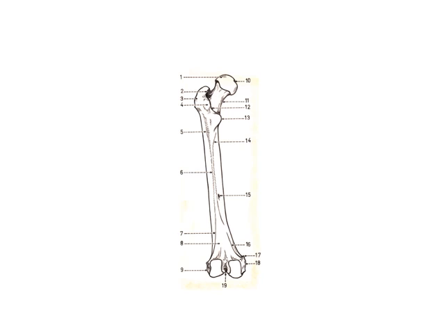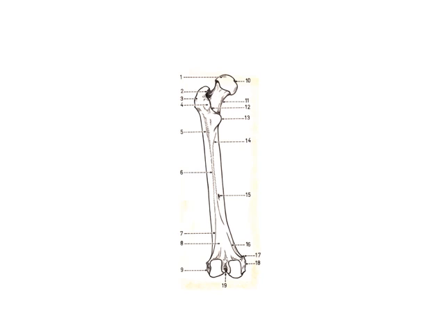Let us go to the upper end, and here we can see number 1 and 10 is the head of the femur, number 11 is the neck, number 3 is the greater trochanter, and on its medial side there is a deep fossa, number 2, for the attachment of a muscle called obturator externus.